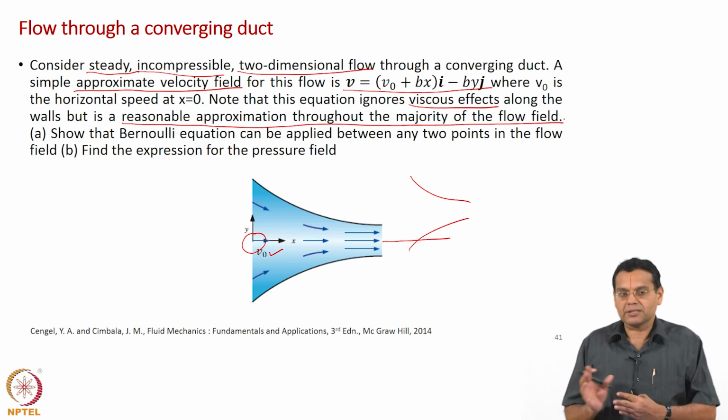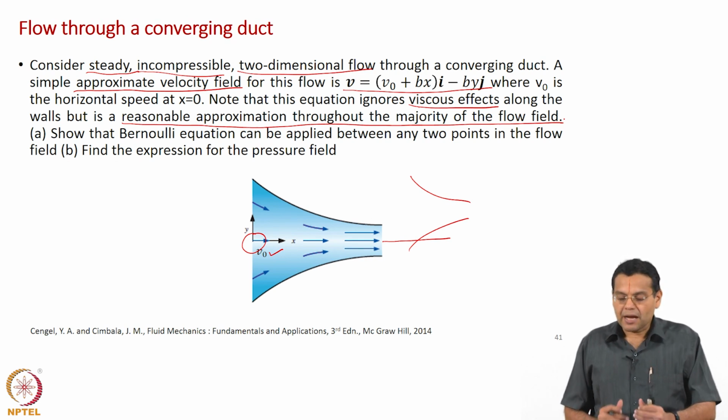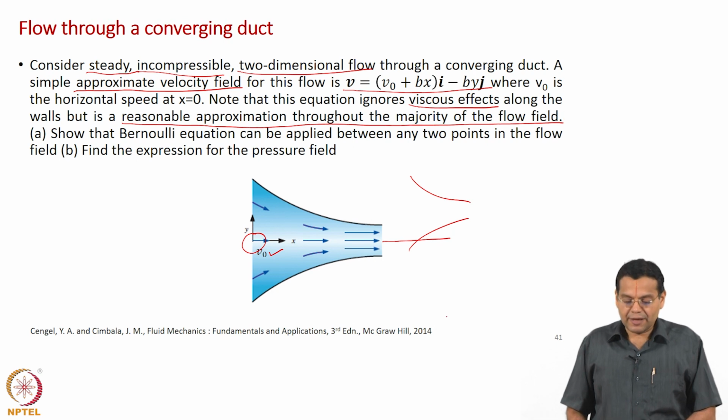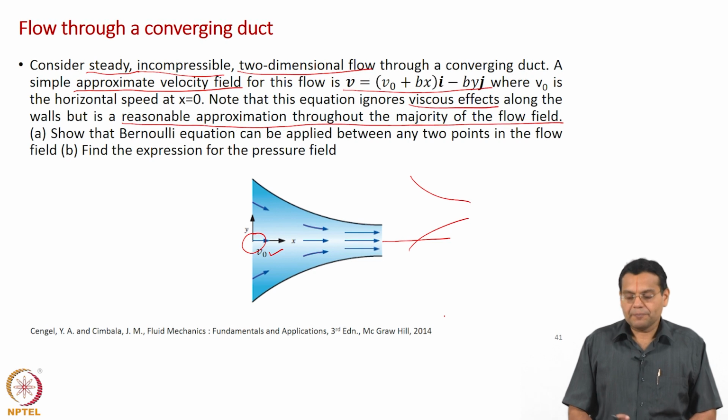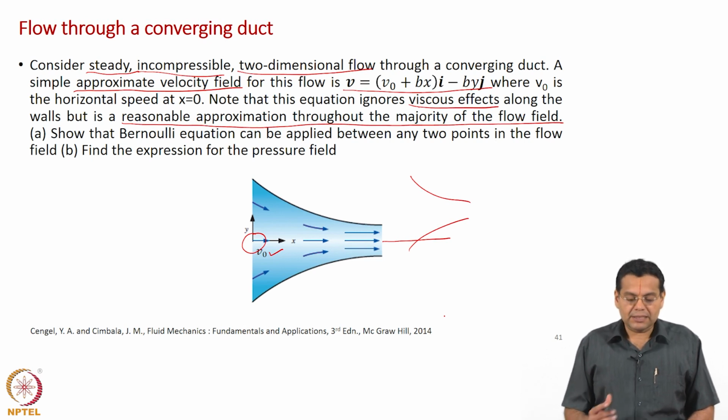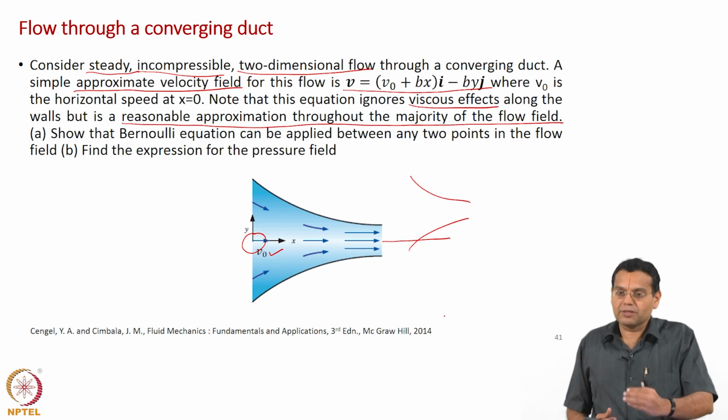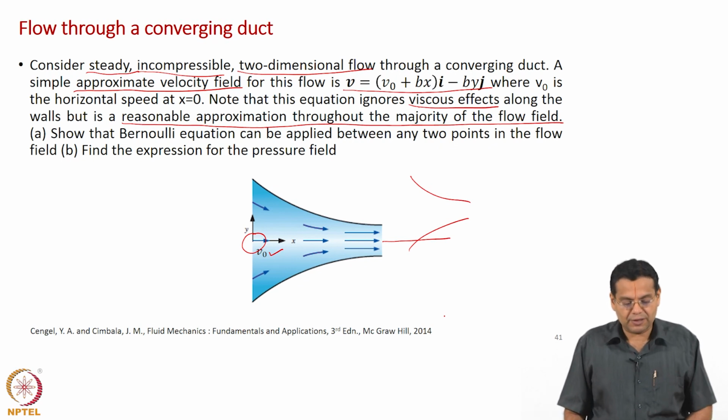First of all, high Reynolds number. Secondly, away from the wall where the net viscous stresses are negligible. That is what this question also tells you. That is why it says approximate velocity field.